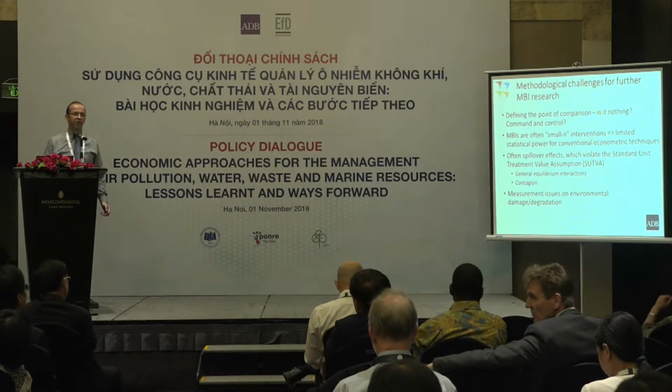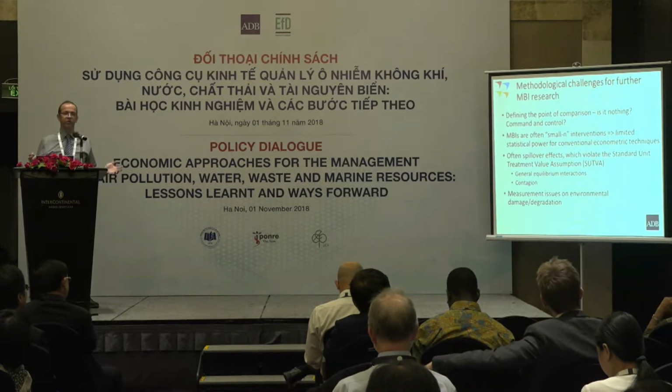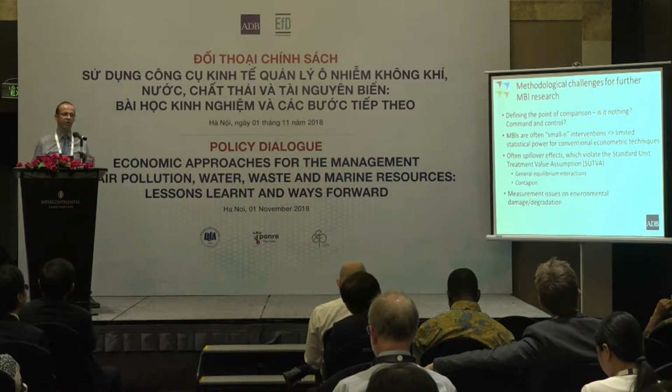When we're thinking about things like efficiency and dynamic efficiency, what is our point of comparison? Is it a simple, without intervention type of comparison or control, or do you actually need a command and control alternative to make a relative appraisal? When we think about market-based instruments, a lot of them are applied blanketly by governments, at least in theory, so there's no defined eligibility criterion or population to which it only applies.